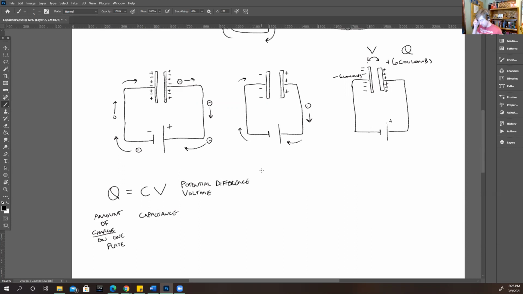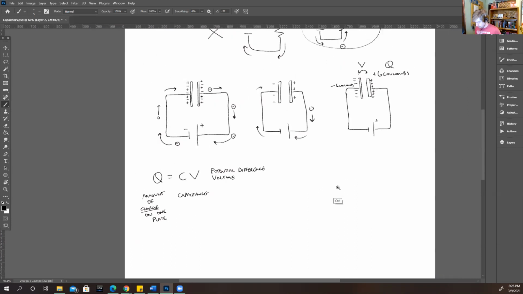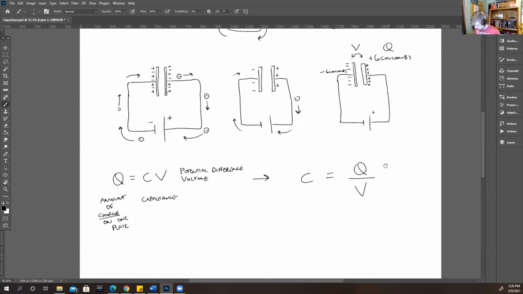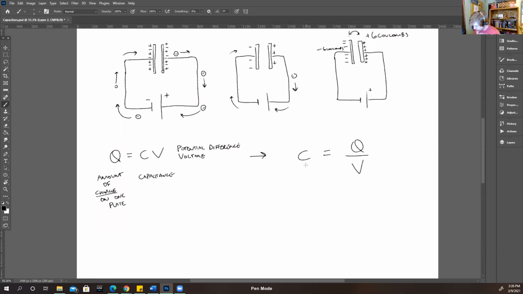Okay, so we can rearrange this formula, because we're focused on capacitance today. So the capacitance of a capacitor, C, let's solve for C. That's just the amount of charge over the potential difference between the two plates. Okay. The units for capacitance, well, let's look at the units for each of these.